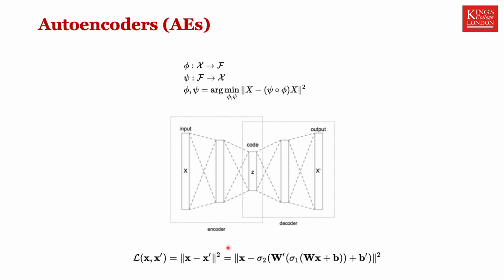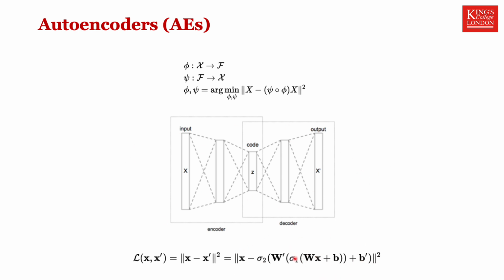If you want X to be as similar as possible to X prime, you just say I want to minimize, for example, the L2 norm between them. If you assume this is a one-layer neural network, which is just a matrix multiplication plus a nonlinear activation function, then the full autoencoder equation looks like the one you see here below.